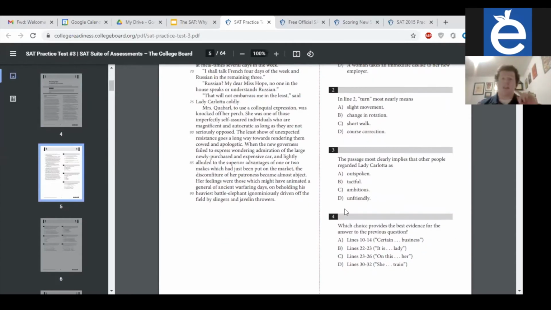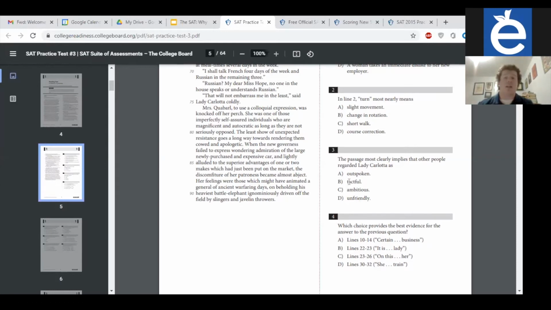So we can see in number 3, we've got outspoken, tactful, ambitious, and unfriendly. We want to use process of elimination. Kind of the 2 ways that we're going to eliminate something is if it's the opposite of what we want, or if it doesn't apply in general. So it's usually easier to pick out the ones that are the opposite.